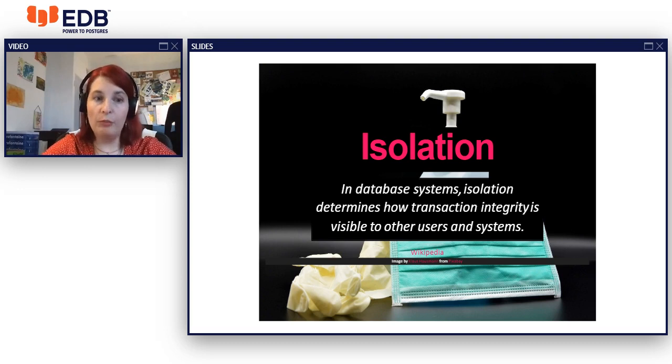Maybe to write it, maybe to read it, maybe to read it and write it. We don't know beforehand. But we need to be sure that there won't be any problem with all these people accessing the same data. That's what isolation is meant for. And that's why several levels of isolation were created.